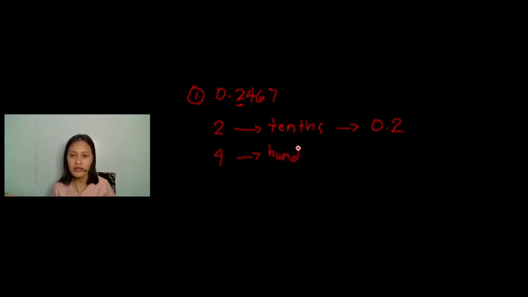Therefore, it is in the hundredths place. And then, ano po yung value? Value niya doon ay 0.01. Instead of 1, change natin kung ano po yung nasa given. So, that is 0.04. As you have noticed, isi-zero lang natin yung mga unnecessary digits.